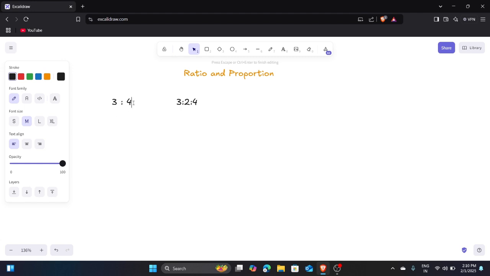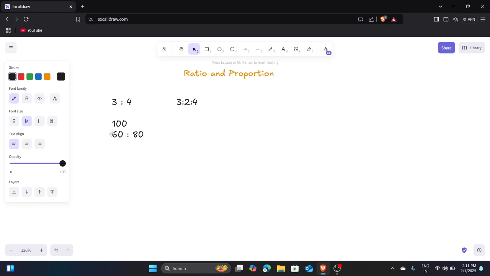So suppose you and your friend get numbers in a ratio 3:4. Suppose the exam is of 100 marks, and you got 60, and your friend got 80.